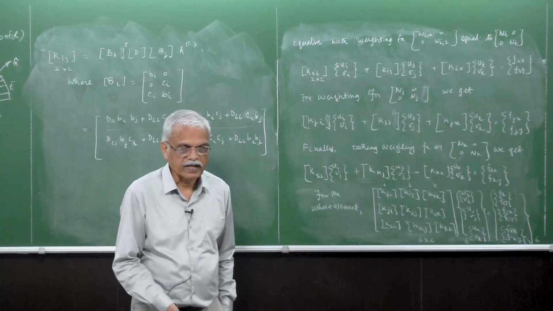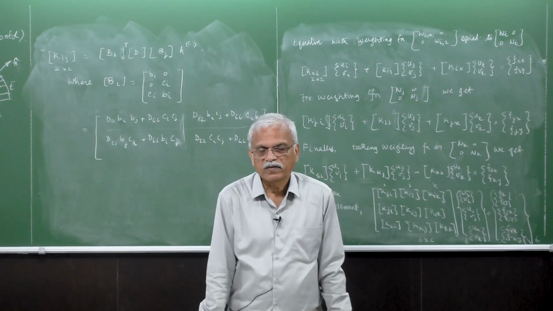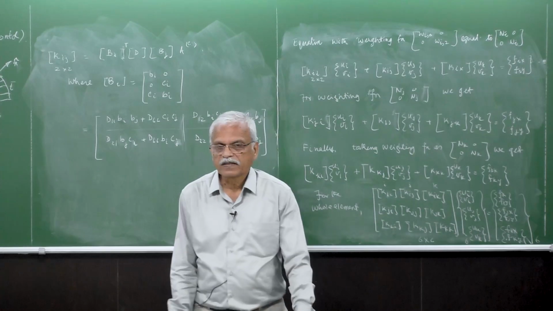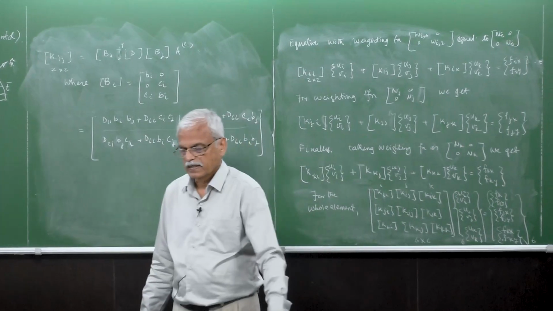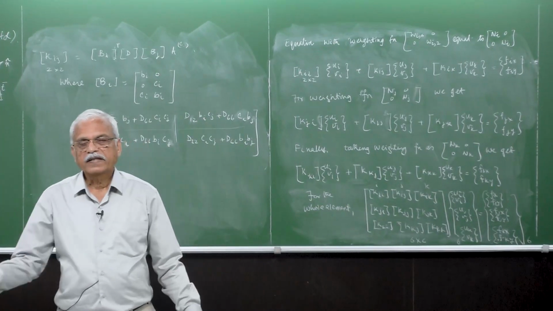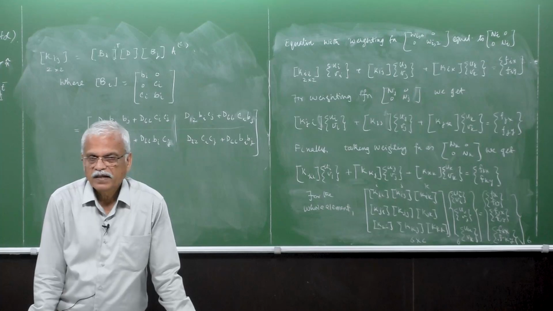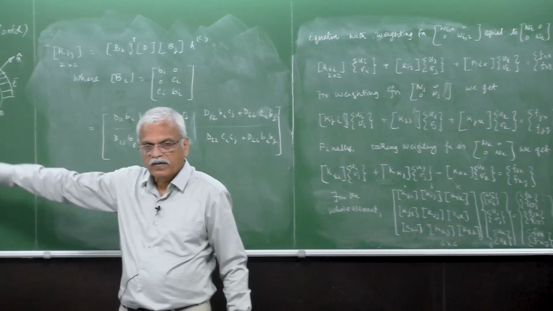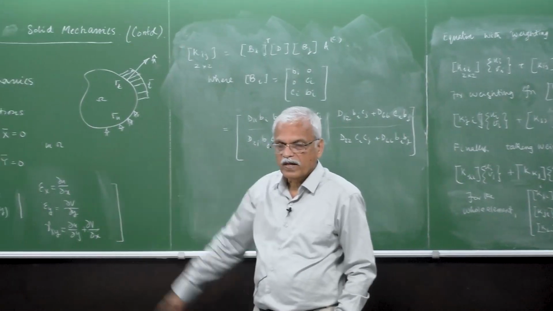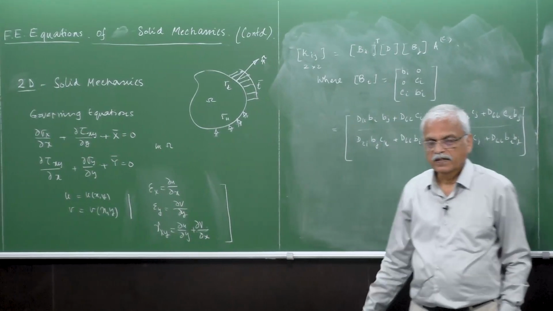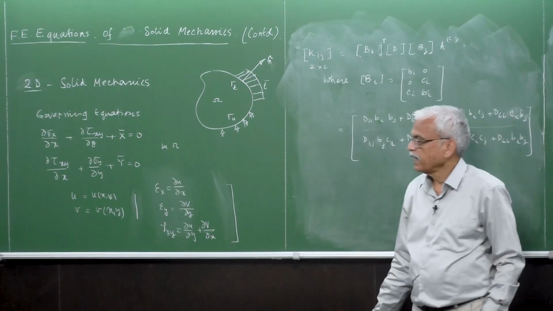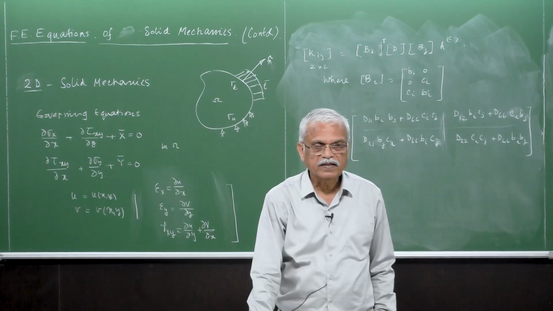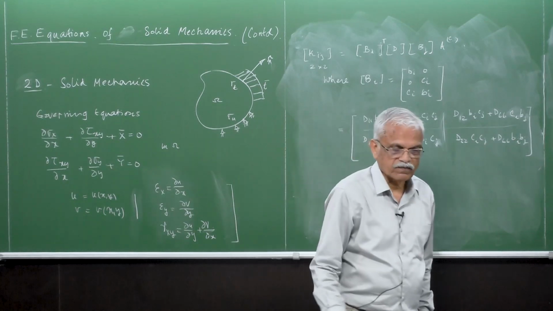Like in fluid mechanics, you will have 2 velocity components and a pressure component coming from Navier-Stokes, and then you have to deal with 3 nodal variables for each node, and 3 governing equations. So this gives you a complete picture of how we have to take care of the 3 governing equations simultaneously, as well as the 3 nodal variables.